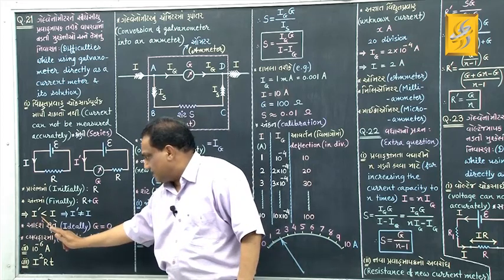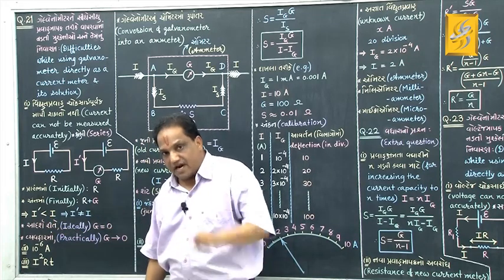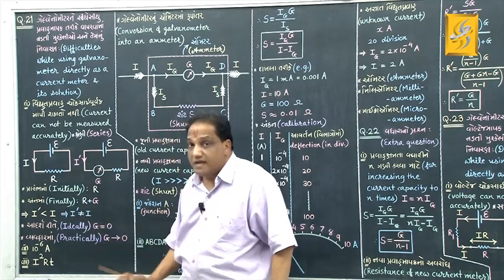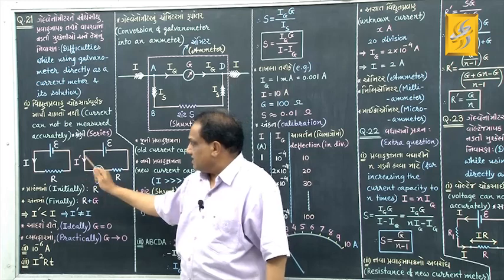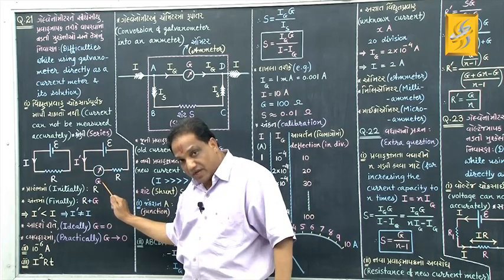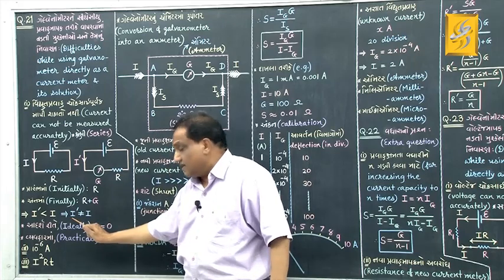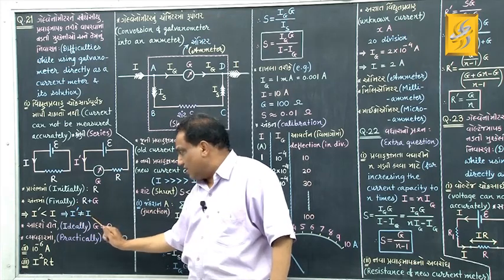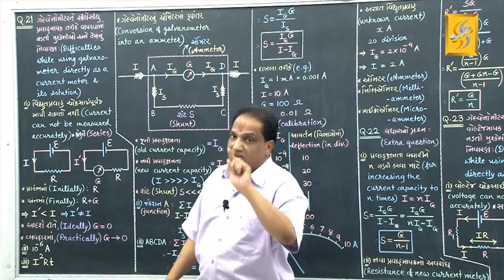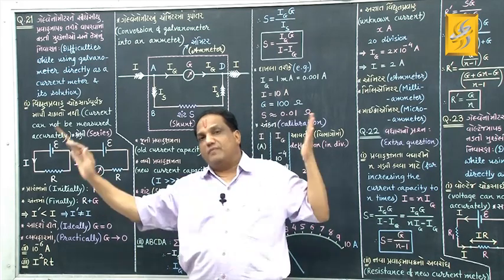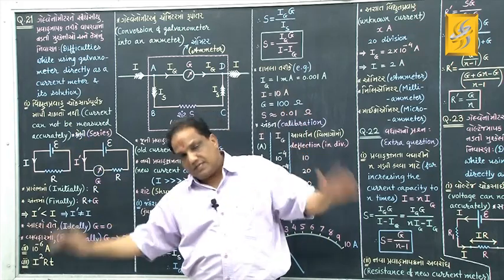I dash is less than I. It means I dash is not equal to I. What is I dash? It is that current which is measured by this galvanometer. What is I? It is the actual current. But measured current is proved to be not equal to actual current. When measured current is not equal to actual current, what does it mean? Current cannot be measured accurately, correct?